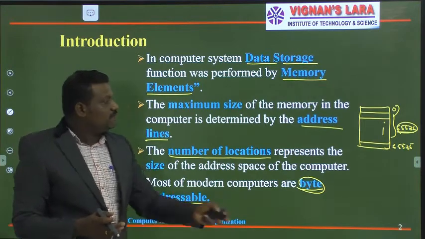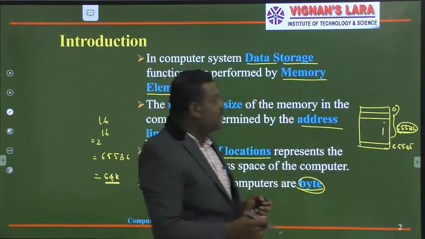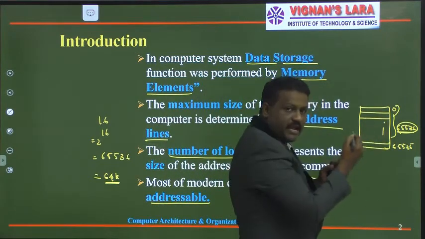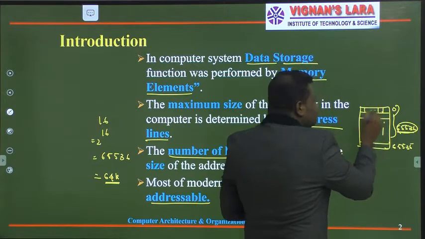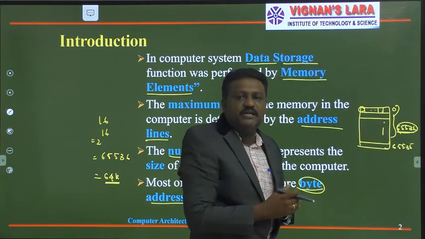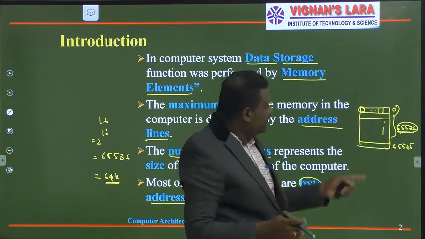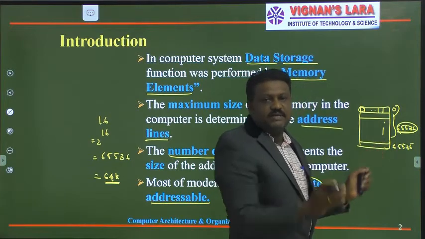So if you have a memory like this, each and every location can hold 8 bits. That means this 0th location can hold 8 bits like this. Each and every box represents one memory element. It can hold 1 bit. Like that, here I have 65,536 locations.